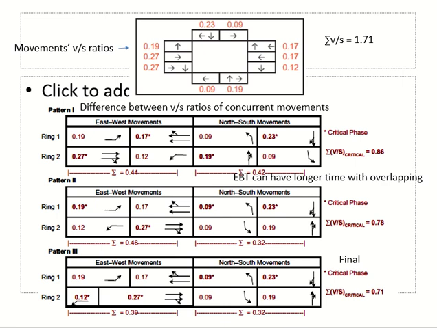If they are conflicting, you cannot merge. And then what did we do here? We extended the movement which required more time. We extended it into another phase. Clear? So this can be done as well.